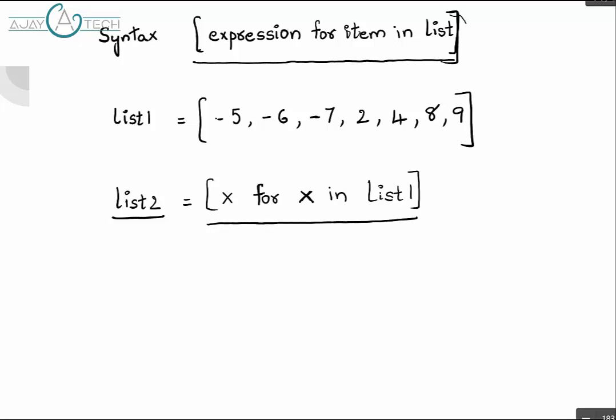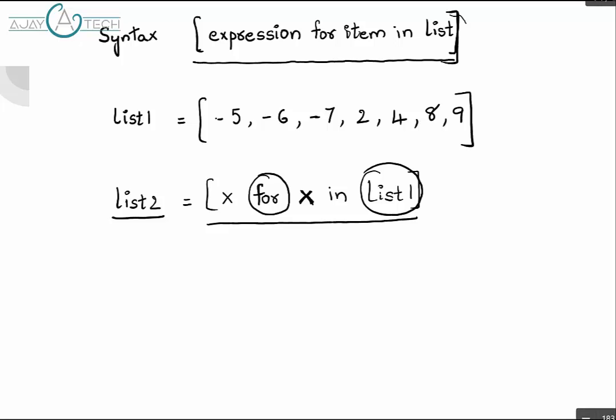We use a for loop in order to retrieve every element in list 1. And every element in list 1 is denoted by this variable here, that is the input variable, the variable representing elements of the input sequence. So x is for the elements in list 1.